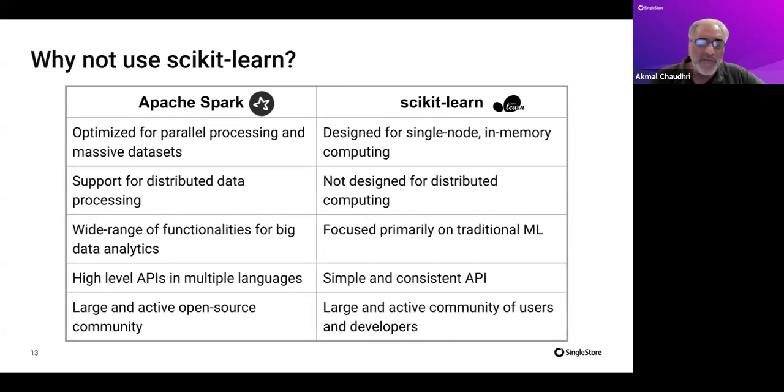Spark has a wide range of functionalities, whereas scikit-learn we tend to use in a focused way for machine learning problems. Both have a range of APIs, although scikit-learn is simple and consistent, super easy to get started, and very powerful as well. And both again have very large communities and user bases.